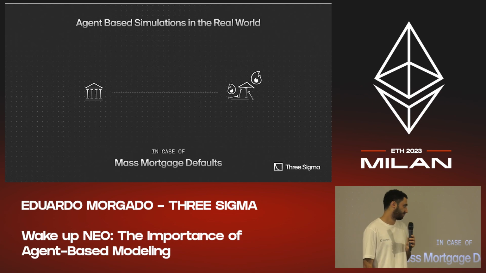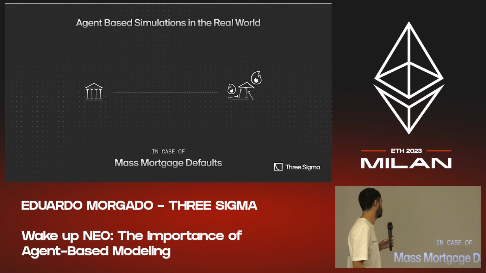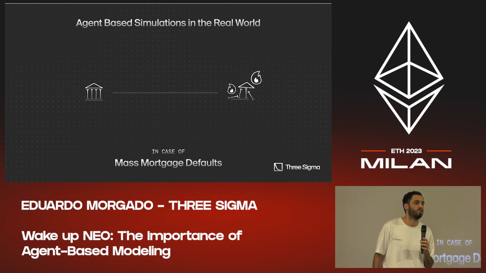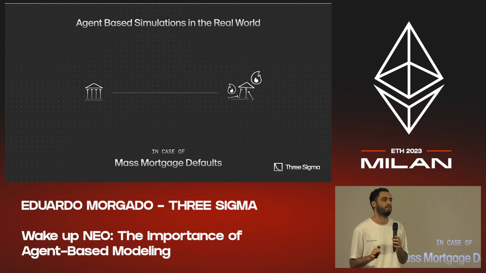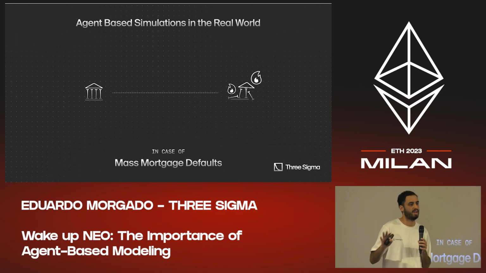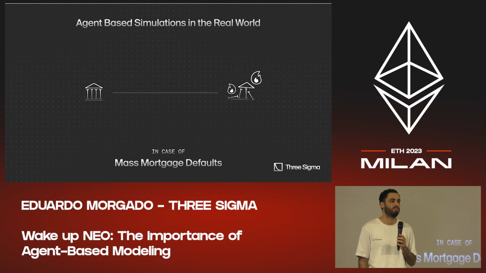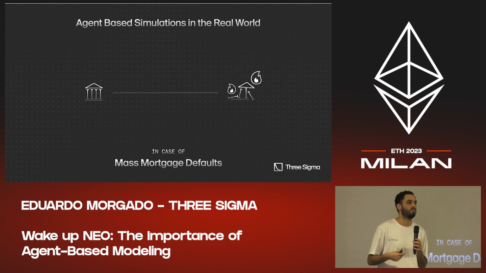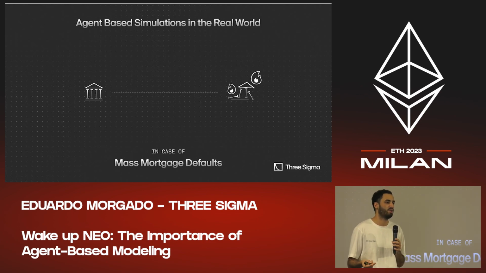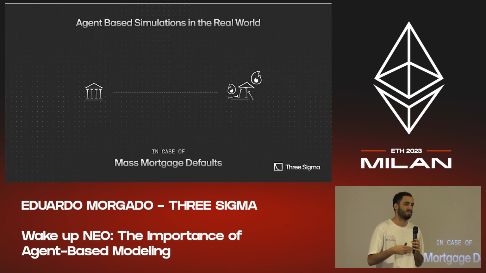For example, in the case of mass mortgage defaults, we need to model many different things. Like I mentioned, we need to model the environment and then the agents. For the environment, we might be looking at the GDP of a given country, the unemployment rate, and whether we are in a pandemic or not, like COVID, amongst other things.